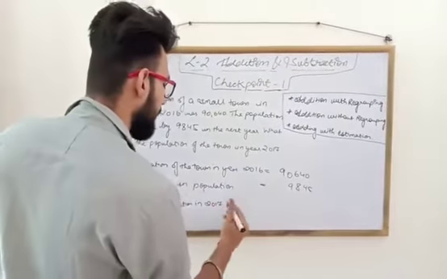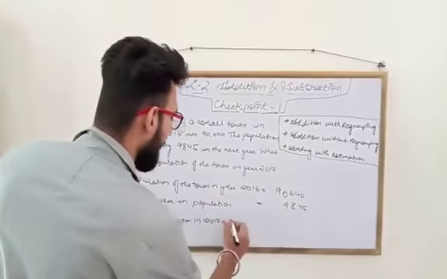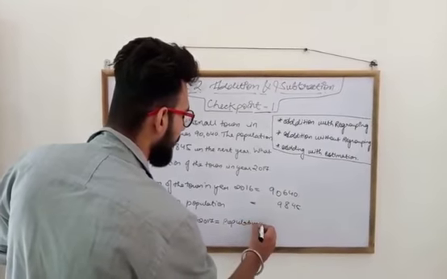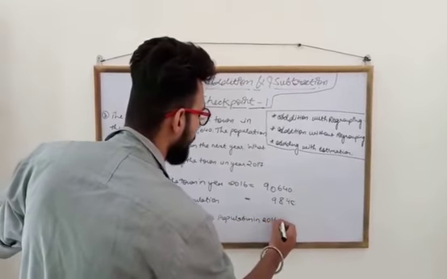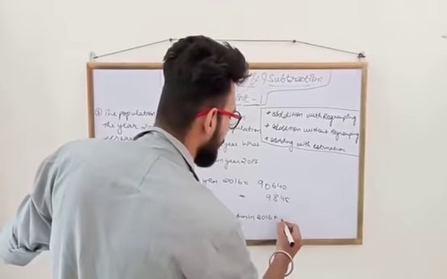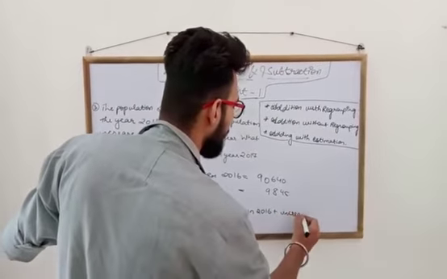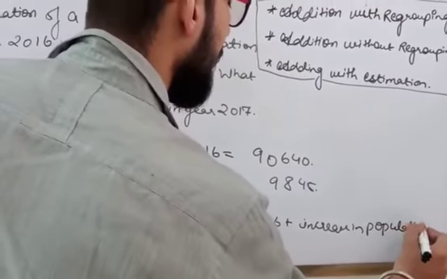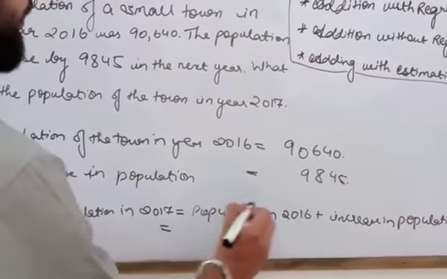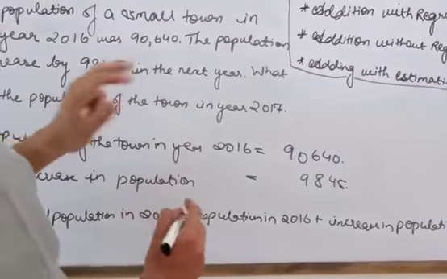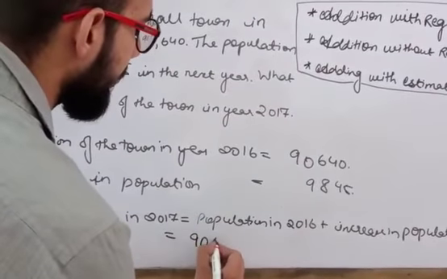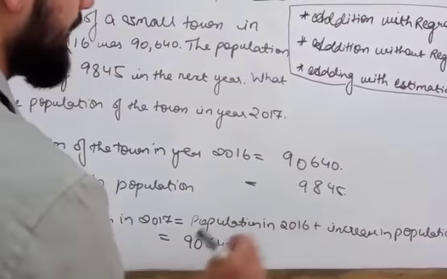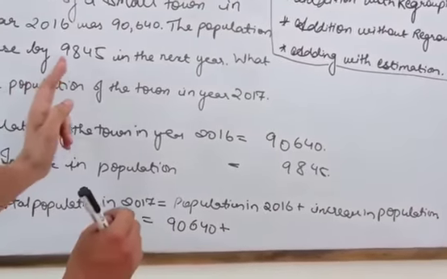So we'll write in this manner, is equal to population in 2016 plus increase in population. Okay, so population in 2016 was 90,640. Okay, add increase in population. Increase in population was 9,845.